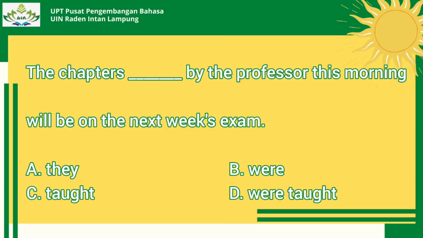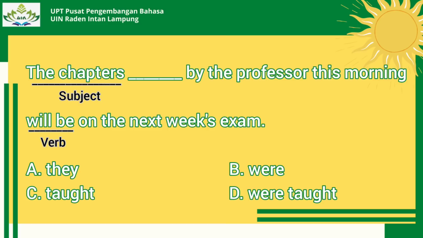The subject of the sentence is the chapters. The verb in the sentence is will be. As the sentence has already had one subject and one verb, this sentence doesn't need another subject and verb. If you choose A, this sentence will have double subjects, the chapters and they.